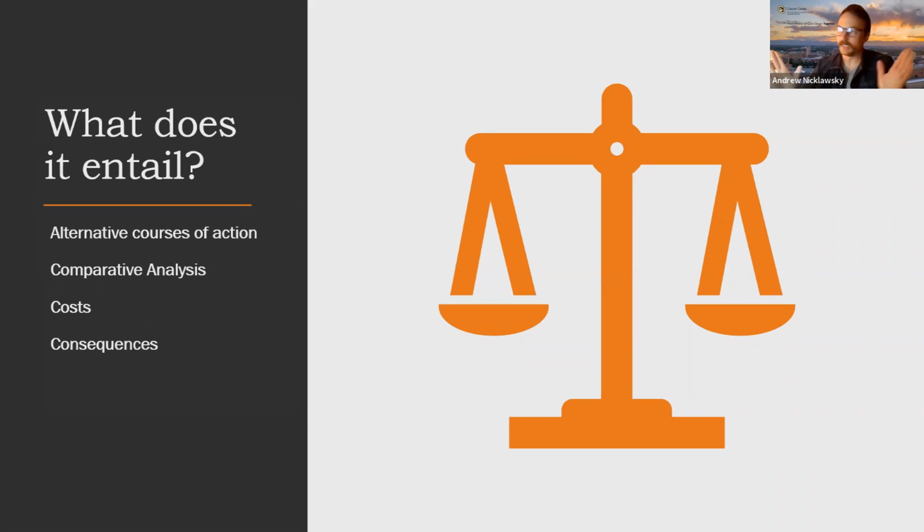Just broadly, economic evaluation usually entails these four things. First, alternative courses of action: either a health intervention like a screening program, new ways of delivering care, new medications, new imaging technologies, or even intensity of dosage or screening frequency. It also needs to have a comparative analysis.